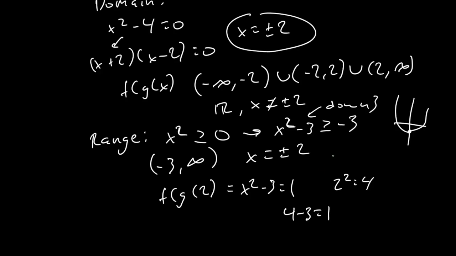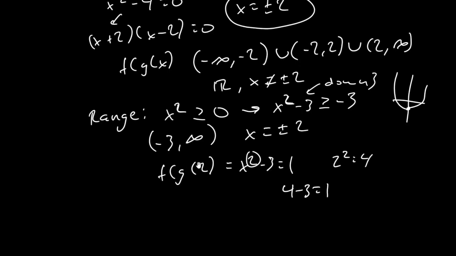And this would be the same for negative 2, because a square gets rid of the negative. So the final range of f of g of x would be including negative 3, comma infinity. Oh, sorry, this is an inclusion sign. Negative 3 comma infinity, where we don't include where y equals 1.